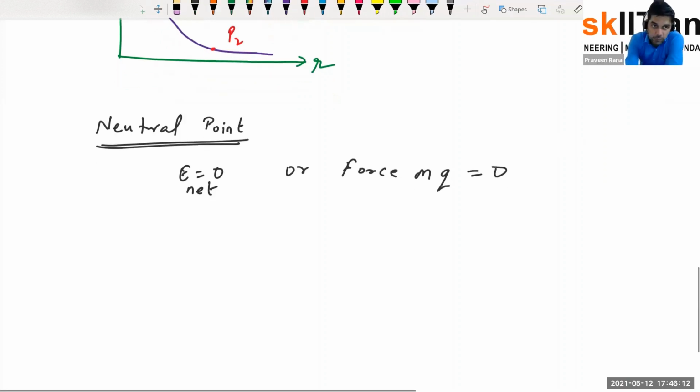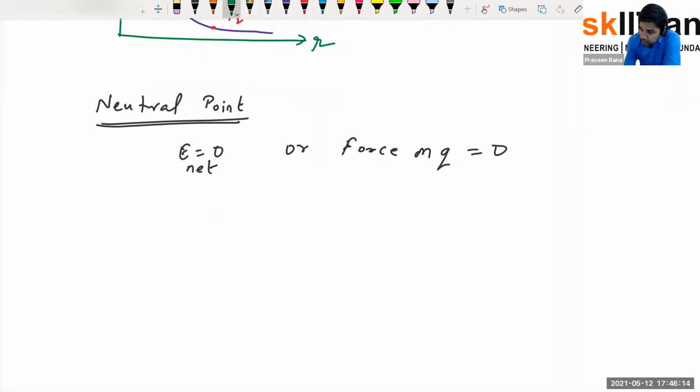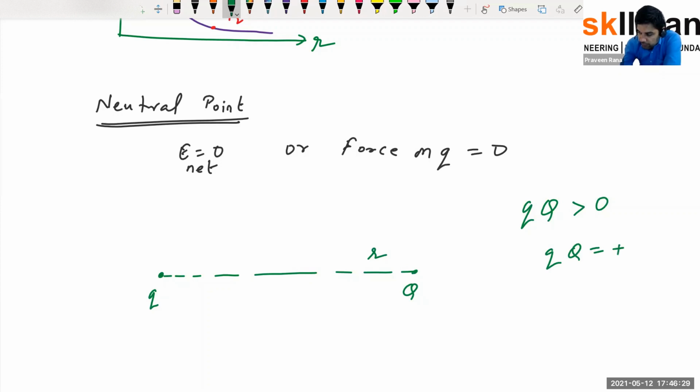Now, let's just say I have two charges. First one is small q, other one is capital Q. And the distance between them is R. Now, small q into capital Q is greater than 0, or I should say the product is positive. So what do you make of that? Like the multiplication of two charges is a positive number.